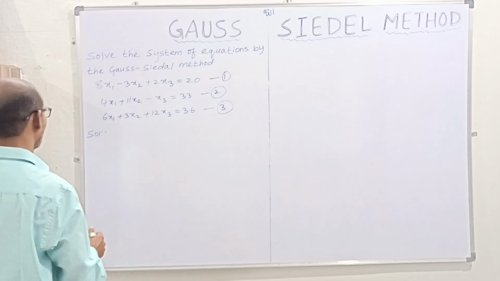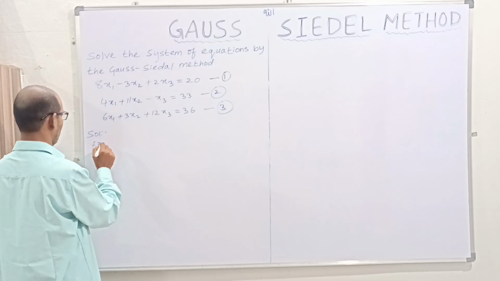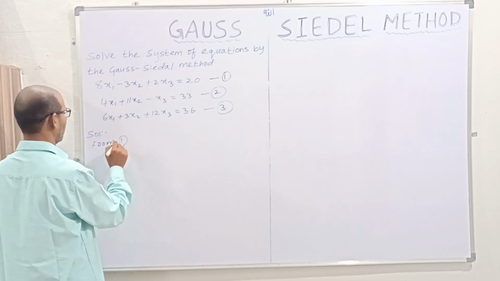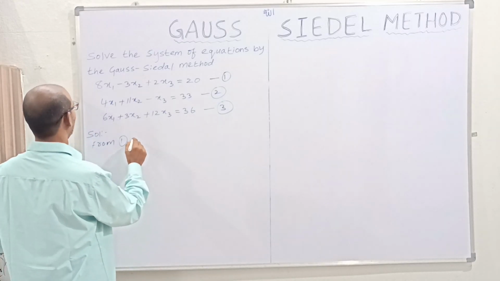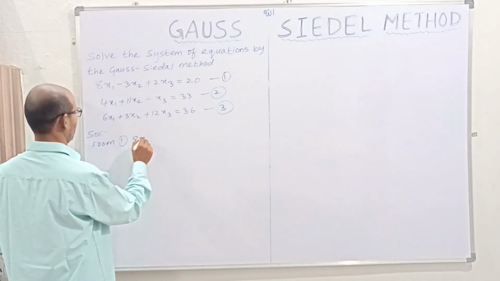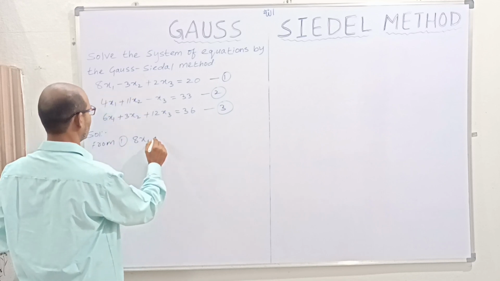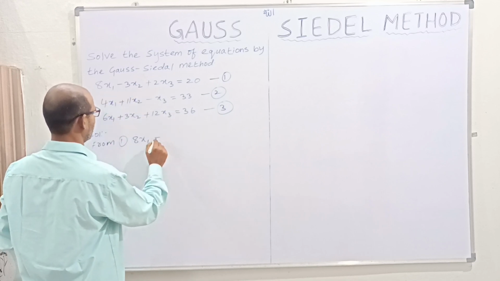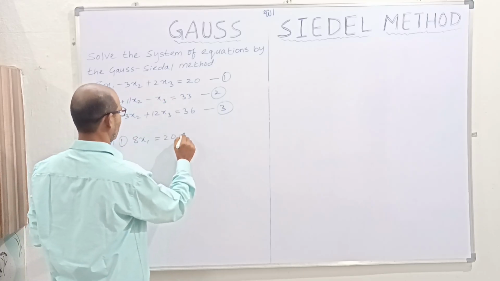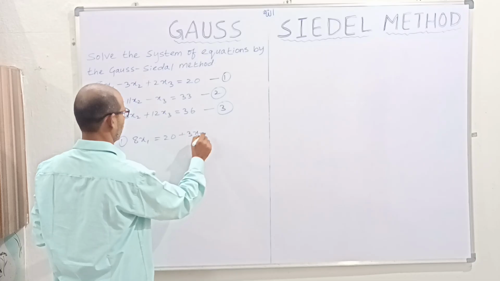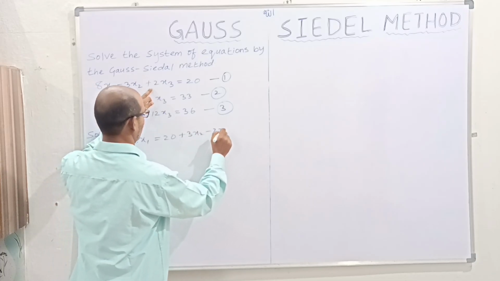Now from equation 1 we will find x1. 8x1, so I want to find x1, so I will move these terms to the right hand side. So 8x1 is equal to 20. If it goes to the other side, it becomes plus 3x2 minus 2x3.